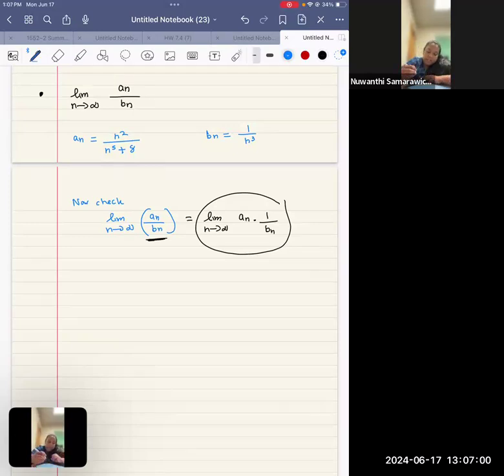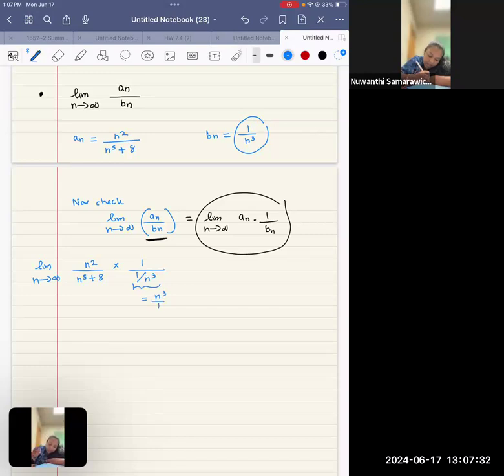Because it's the first question I'm going to do with y'all, let's write it. When n approaches infinity, our a sub n is n squared over n to the power 5 plus 8, multiplied by 1 over b sub n, that is n cubed over 1.